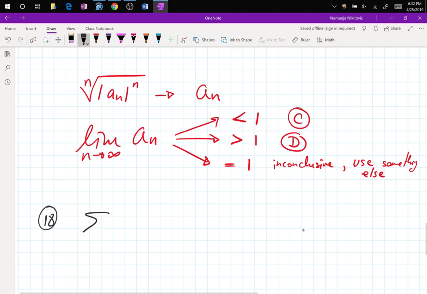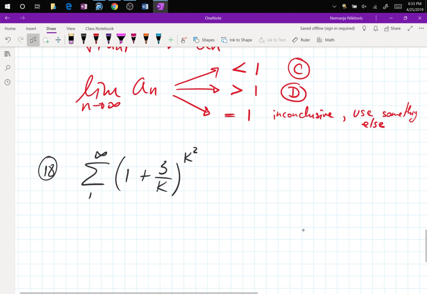So problem 18. Summation of 1 plus 3 over k raised to the k squared, from 1 to infinity, or whatever, 10 to infinity, doesn't matter. So here in orange, k squared is k times k.